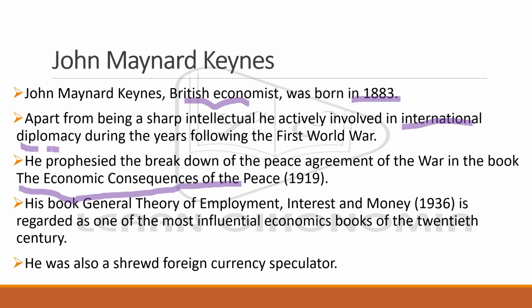The General Theory of Employment, Interest and Money is considered one of the most influential economics books. He also was involved in foreign currency speculation, which is why he is known as a foreign currency speculator.